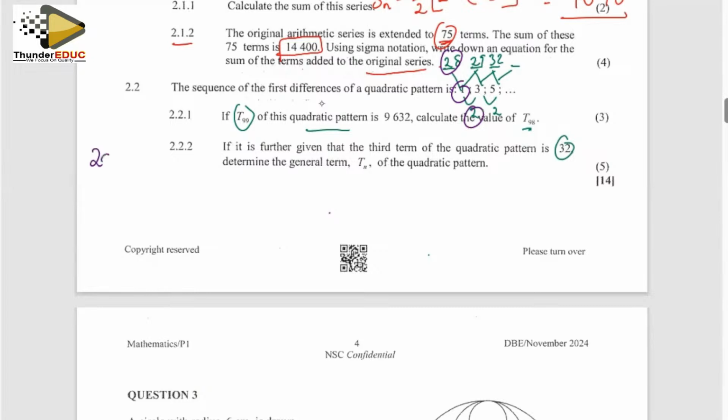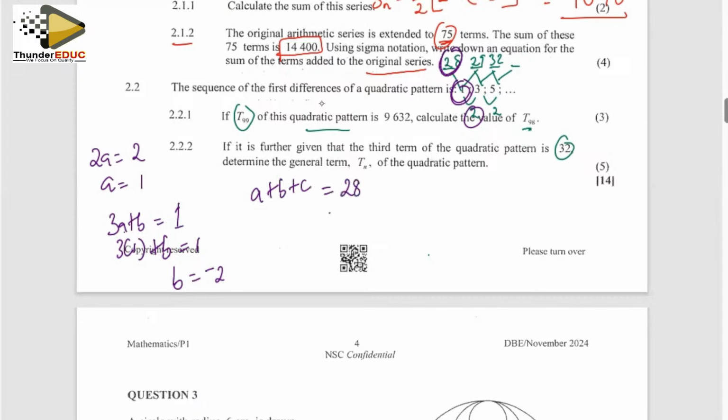So we start by saying 2a is going to give us a 2 for the second difference, which means a is 1. Then 3a plus b should be equated to that first term of the first differences. But if our a is a 1, plus b, which means b is going to be negative 2. And then a plus b plus c must give us that first term, which is 28.